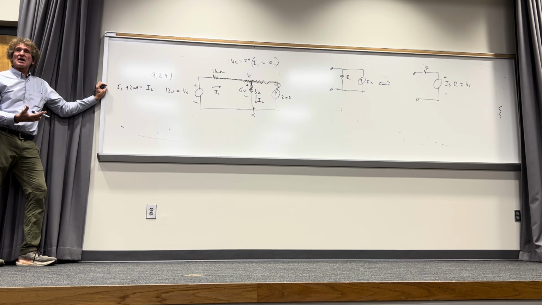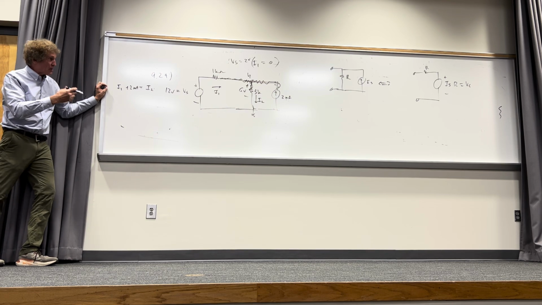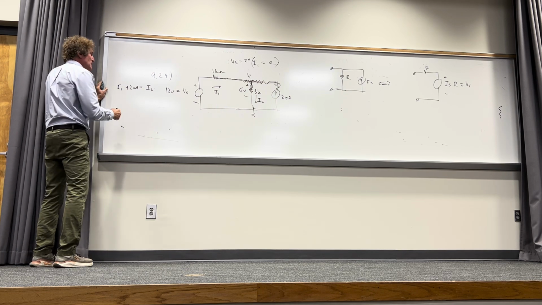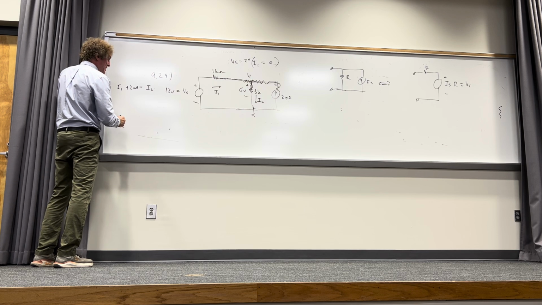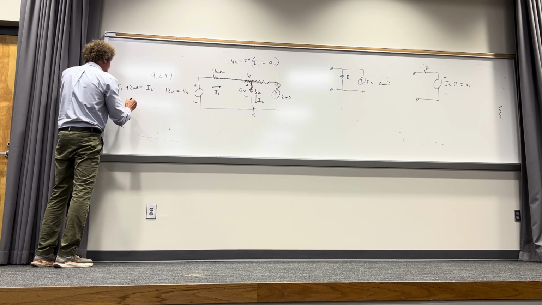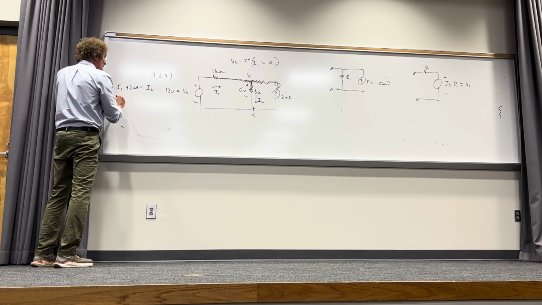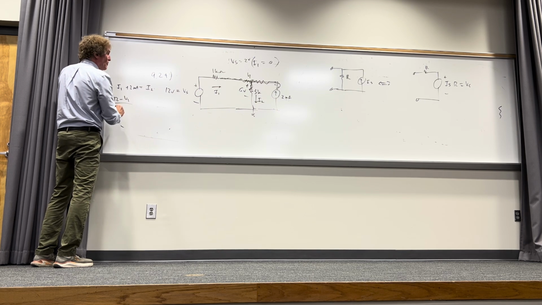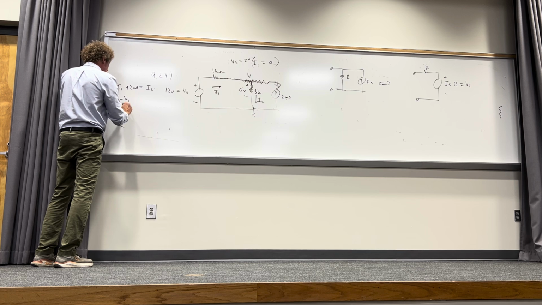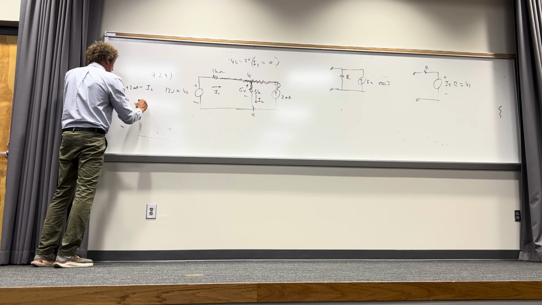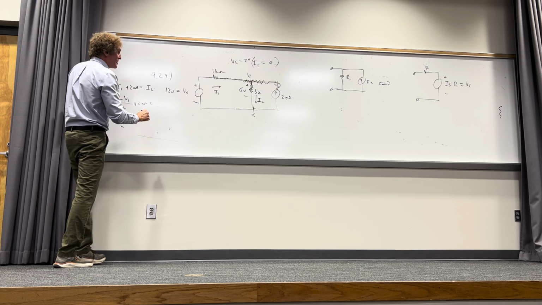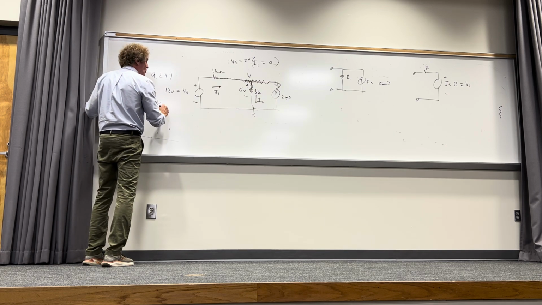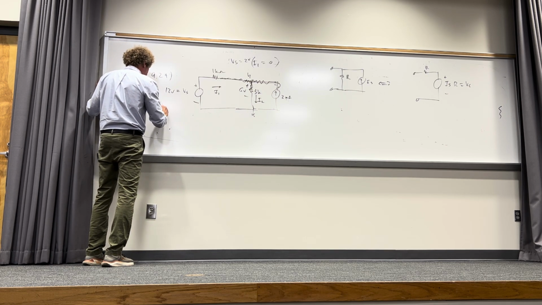Now you replace the unknown currents with unknown voltage, the V prime, or I'm calling it V1 there. So now I'm going to say I1 right there is going to be, the VS is 12, so it's going to be (12 minus V1) over 1K, plus 2 milliamps equals I2, and I2 is just V1 over 3K.